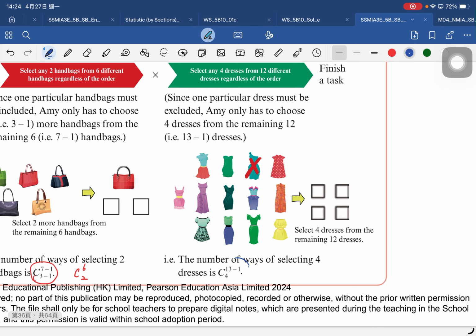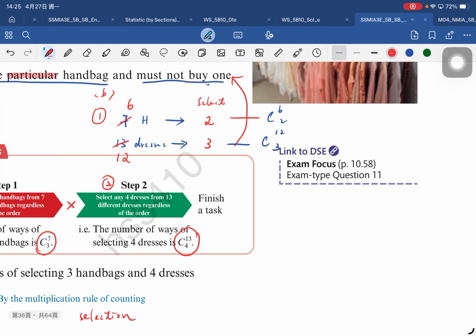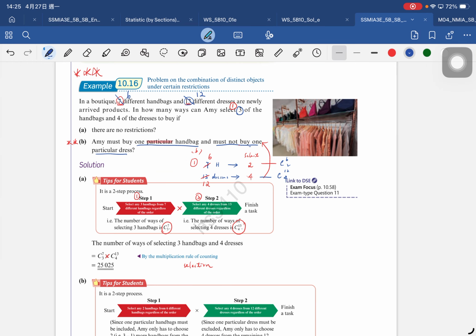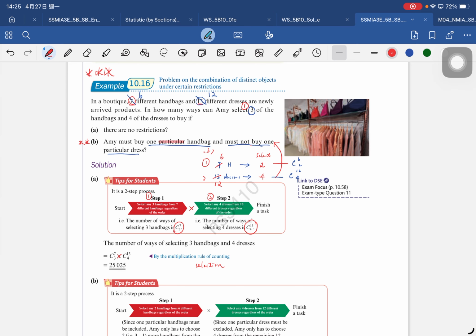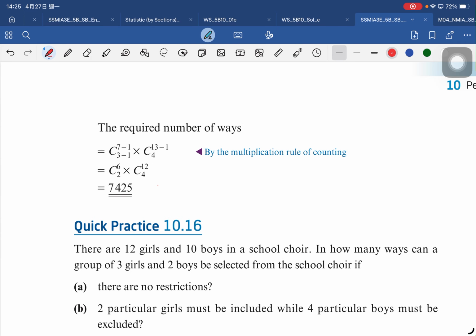So this should be 12C4. Oh, sorry, 4, I made a mistake. So step by step, you use the multiplication rule to find the answer. On the next page, you can find such ways to do it. This is the special case you should bear in mind.